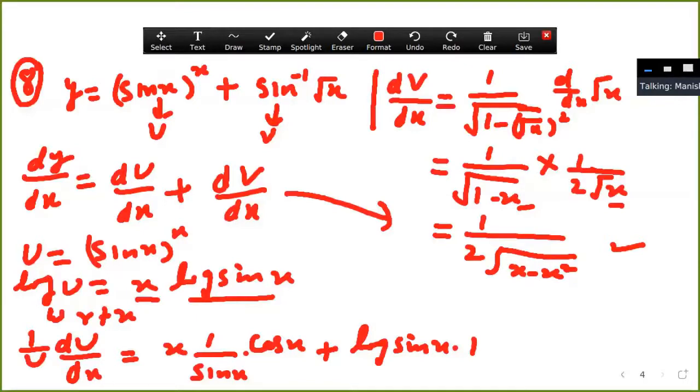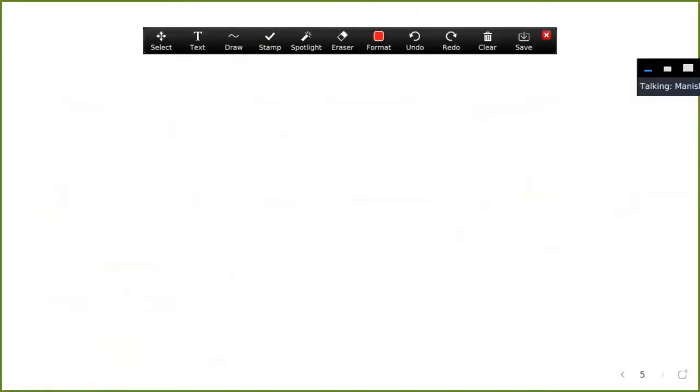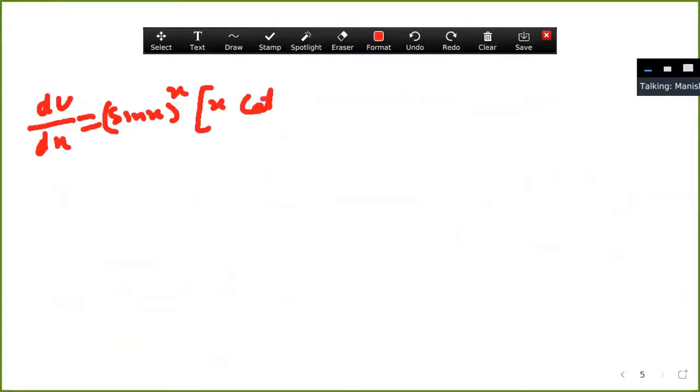Now, if you shift this u to the right hand side, what will be du upon dx? Write down: du upon dx will be equal to sine x to the power x into x cos x upon sine x, which comes out as cot x, plus log of sine x.